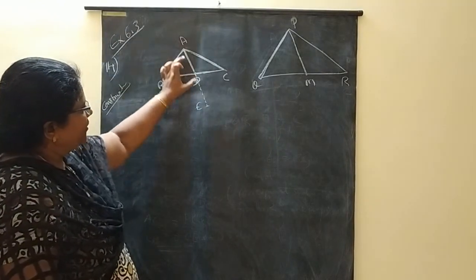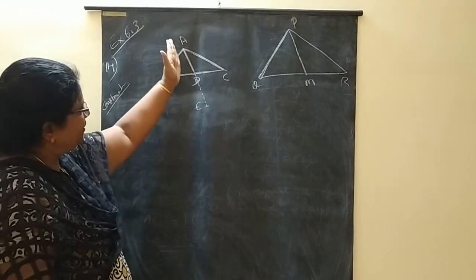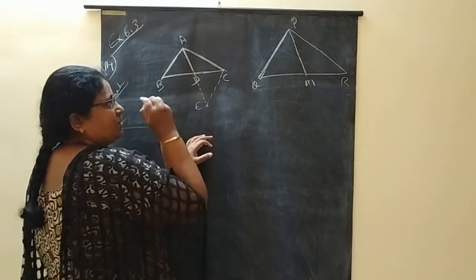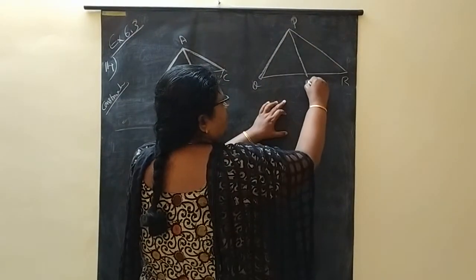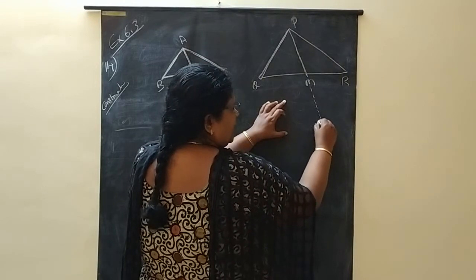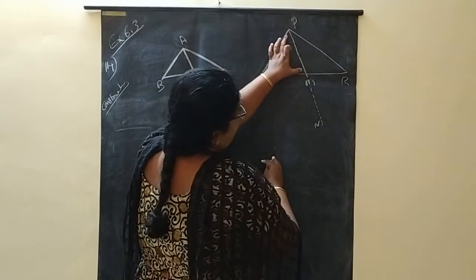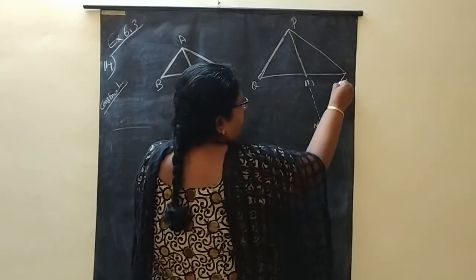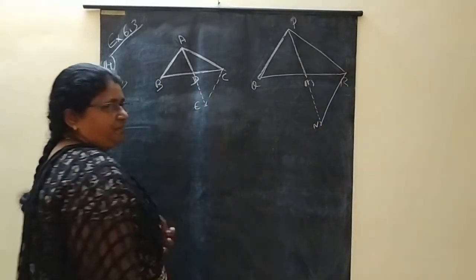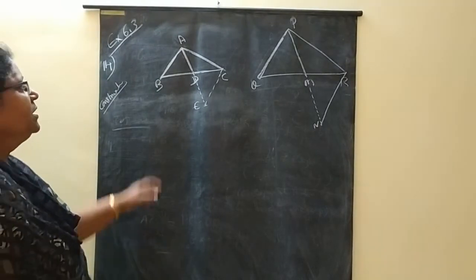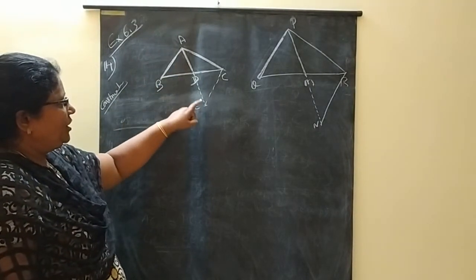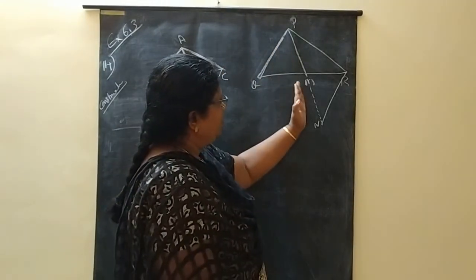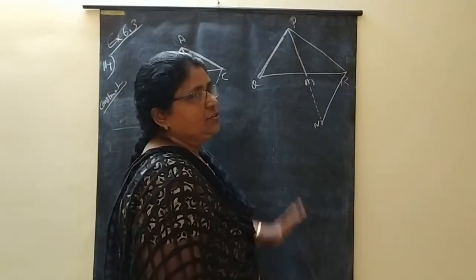This length and this length equal, like that you have to produce, then join this. Similarly, produce PM to the point N such that PM is equal to MN and then join this. Construction understood? Produce AD to the point E and join this. Produce PM to the point N and join this.